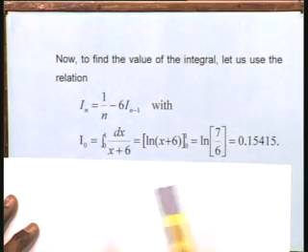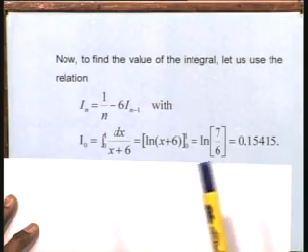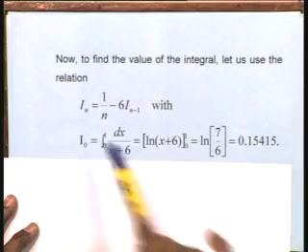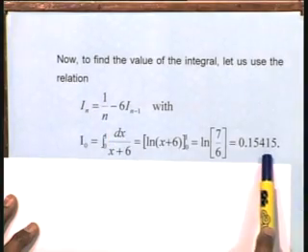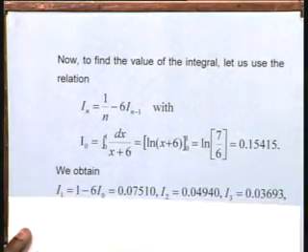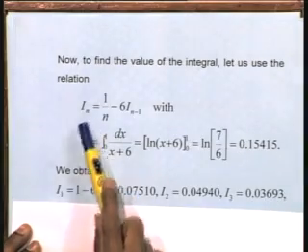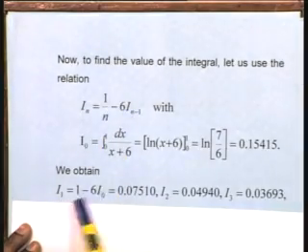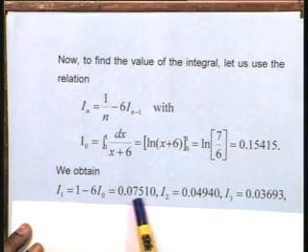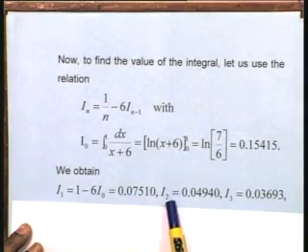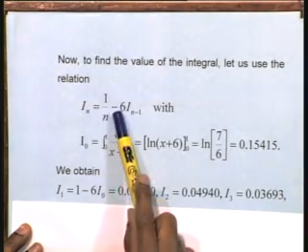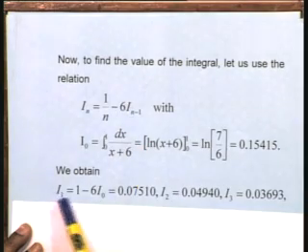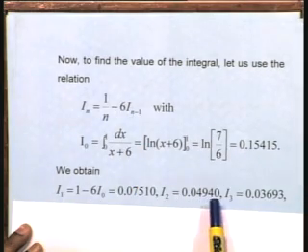So I want to get the values of the integral for n equal to 1, 2, 3 up to 10 using this recurrence relation with the starting value. Setting n equal to 1, I get I 1 is 1 minus 6 I 0. Substituting, I get 0.0751. I 2 will be equal to 1 by 2 minus 6 times I 1, and I 1 has been obtained, so I 2 is 0.0494.